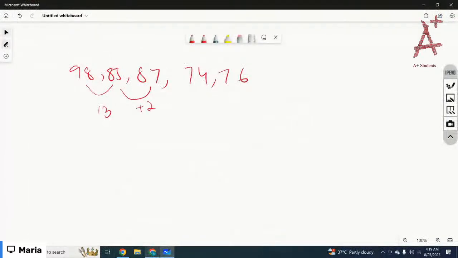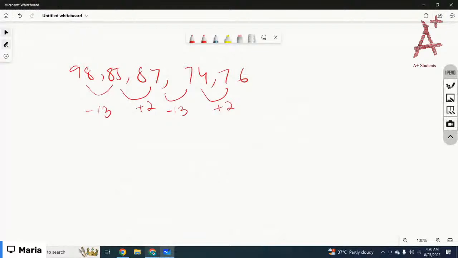Then 87 minus 74 is 13. Then 74 plus 2 is 76, right? So that means one time you have to subtract 13 and then you have to add 2, right?